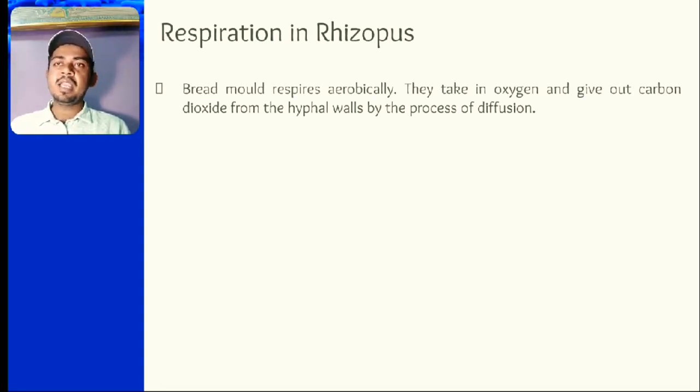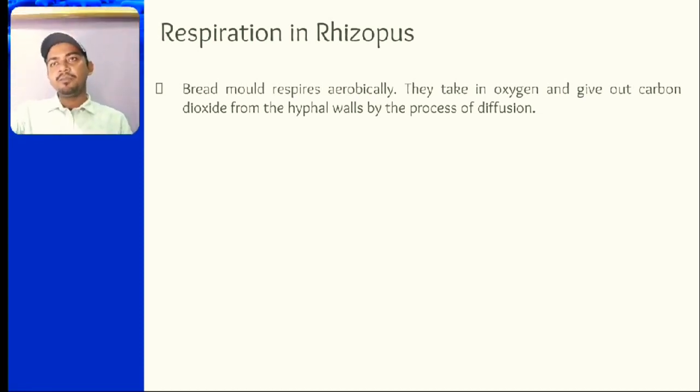They take in oxygen and give out carbon dioxide from the hyphae walls by the process of diffusion. So this is a very simple organism. We don't need a respiratory system, trachea, and alveoli, and all those things. And the circulatory system, heart, we don't need all those things right now. Here it is simple. Only diffusion is enough for exchange of gases.